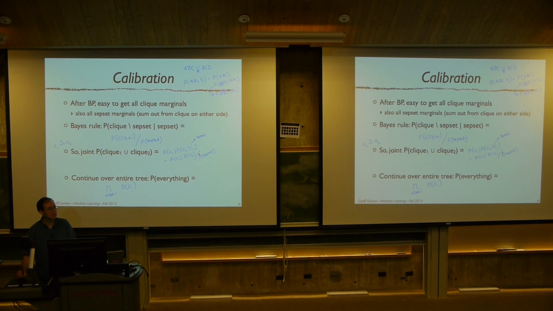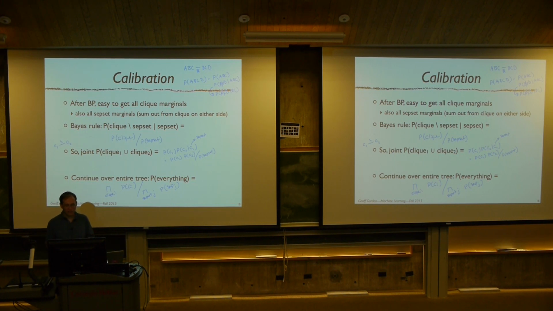So the probability over everything, if I do this same trick over the entire tree, you can write it as that ratio. You multiply together all of the marginal probabilities over cliques, and you divide out all of the marginal probabilities over separating sets. Okay, and that gets you the joint distribution over everything.